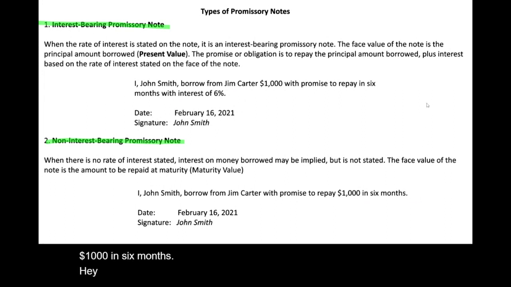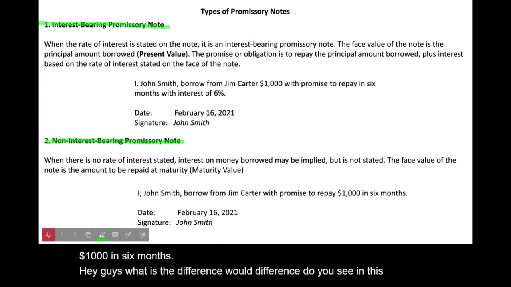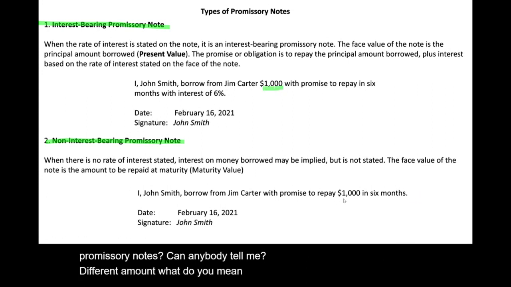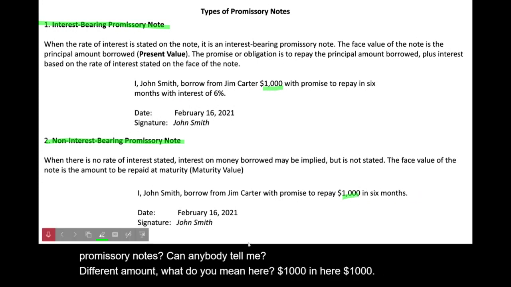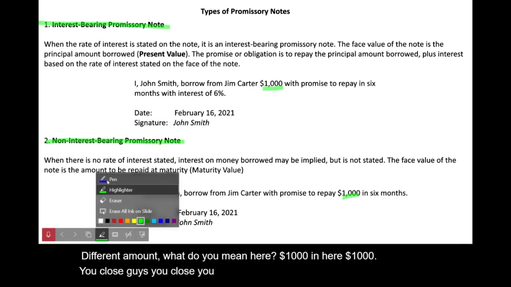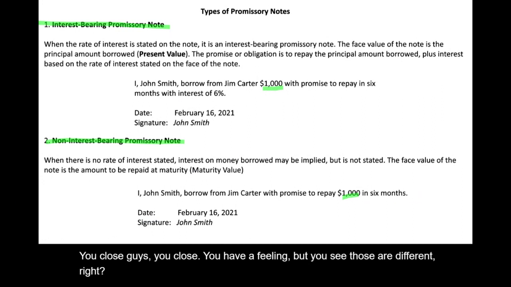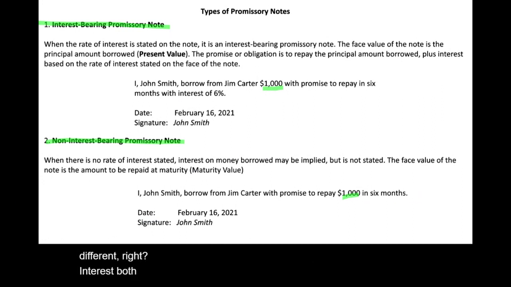Okay, guys, what is the difference? What difference do you see in these two promissory notes? Can anybody tell me? Well, a different amount. What do you mean? Here $1,000 and here $1,000. Well, you're close, guys. You have a feeling, but you see those are different, right? Interest. Both have interest.